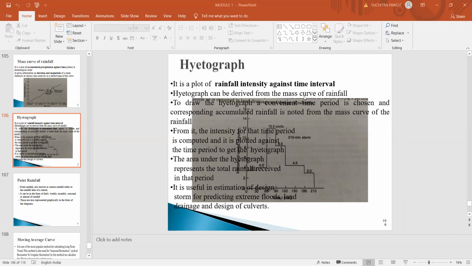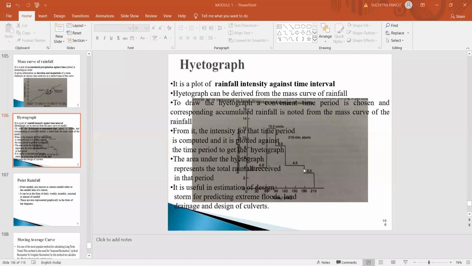Hyetograph can be derived from the mass curve of rainfall. To draw the hyetograph, a convenient time period is chosen and the corresponding accumulated rainfall is noted from the mass curve of the rainfall. From this, the intensity for that period is computed and plotted against the time period to get the hyetograph.